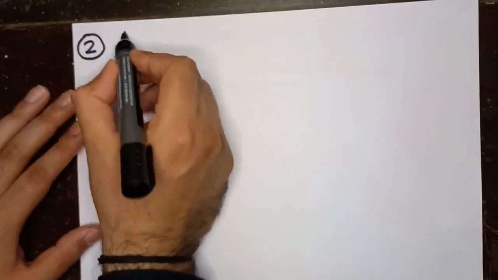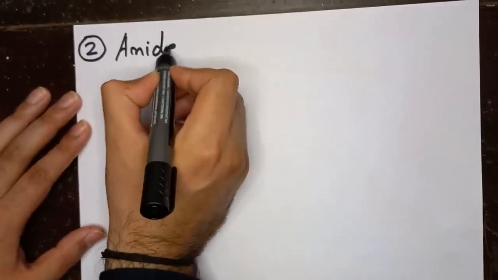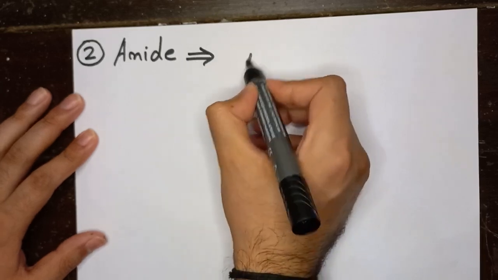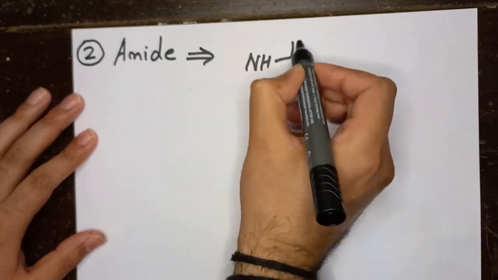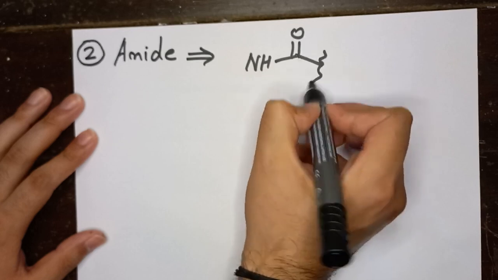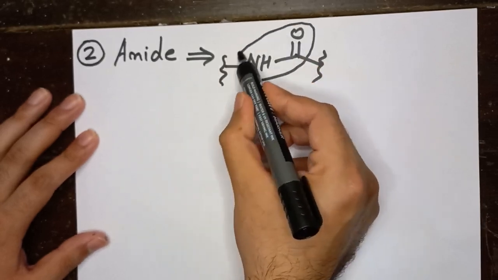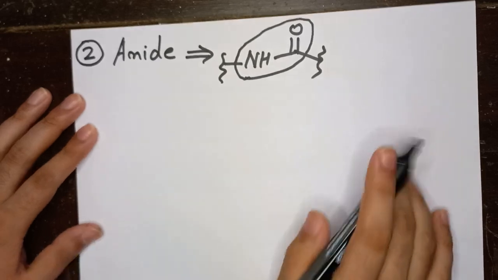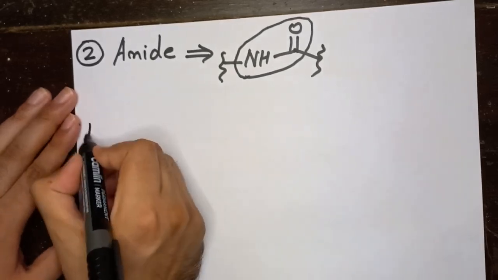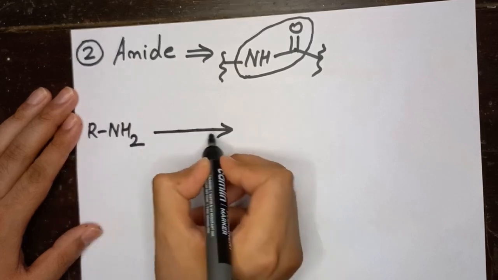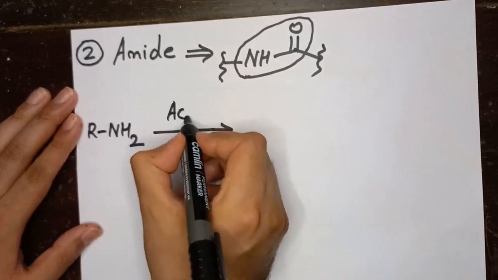Okay, now the second protection method is the amide. Now what is an amide bond? So this architecture is called an amide. So suppose I have a primary amine and I am reacting it with acetic anhydride.